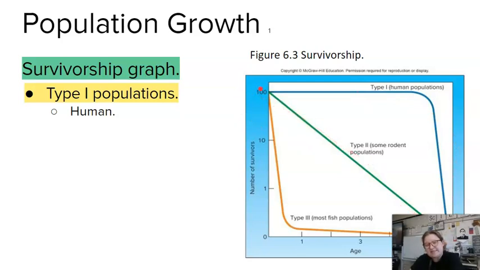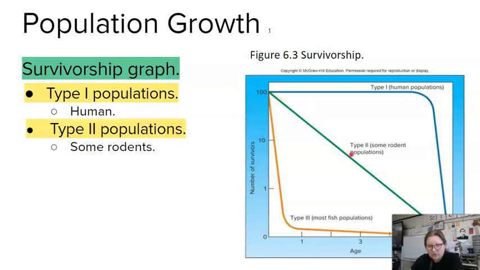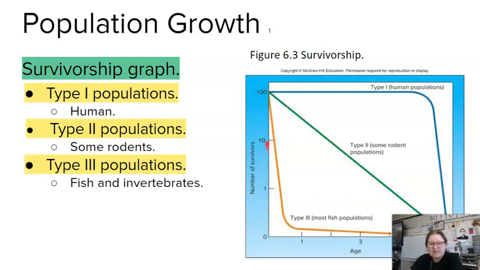Type 2 is just equal across the board. So when we're reading this graph, down at the bottom is age, this is going to be time, and then over on the y-axis is our number of survivors, so survivorship. For type 2, which is going to be some rodents, it's just equal over time. And then type 3 is going to be things like fish and invertebrates.